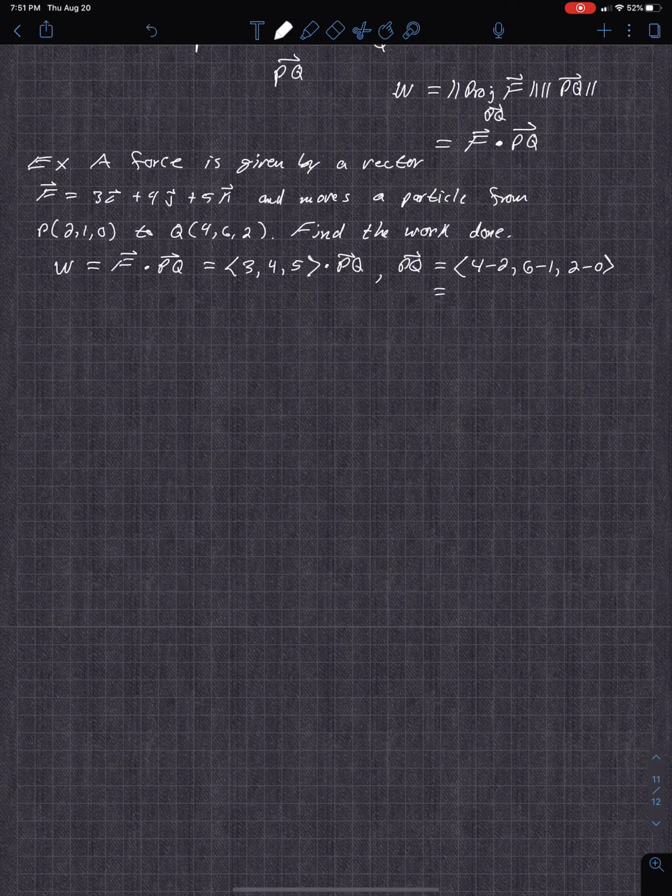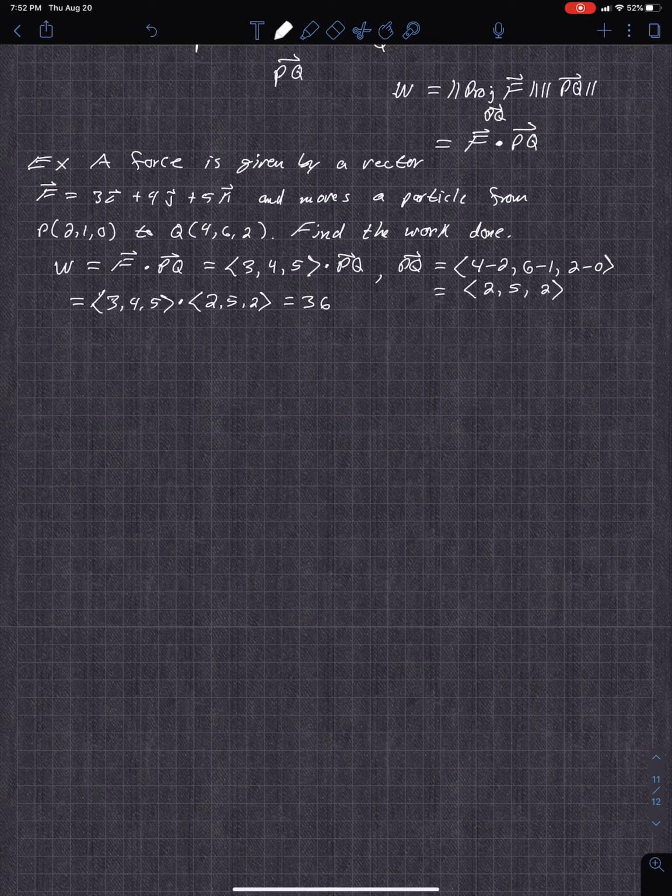So calculate your PQ, and you get 2, 5, 2. And then you just do that dot product. So it's equal to force vector 3, 4, 5 dot 2, 5, 2. And then you do that calculation, you get 36.